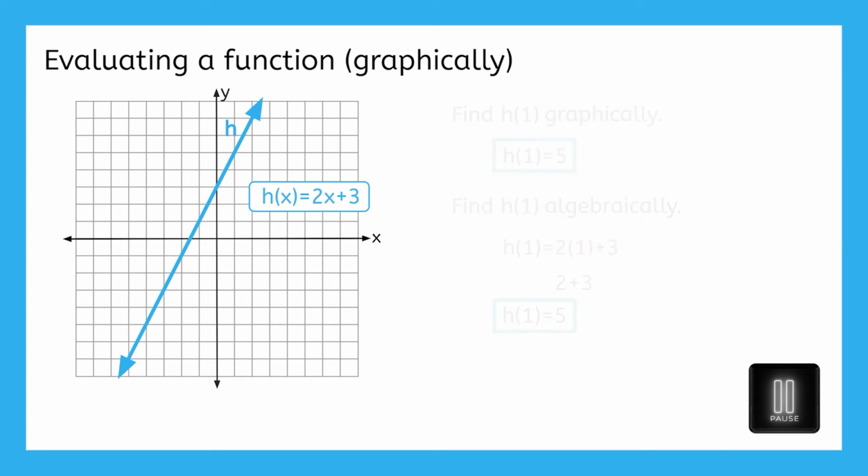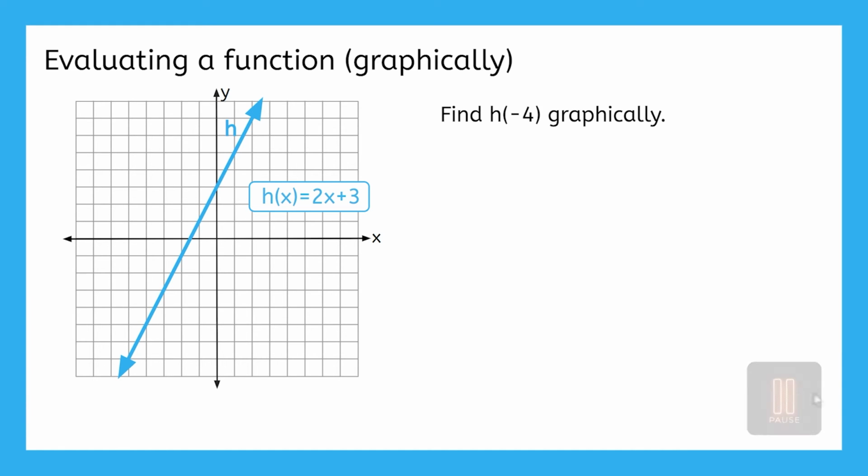All right, pause the video one more time to find h of negative 4 graphically. And if you want to check your work and get more practice, go ahead and find it algebraically as well. Finding h of negative 4 means that I want to look at function h and find the output using the input of negative 4.